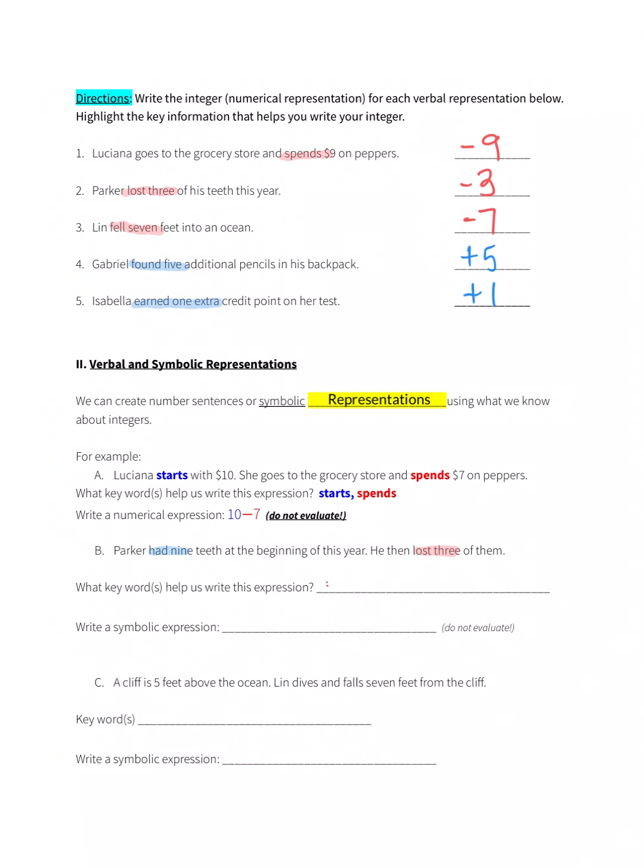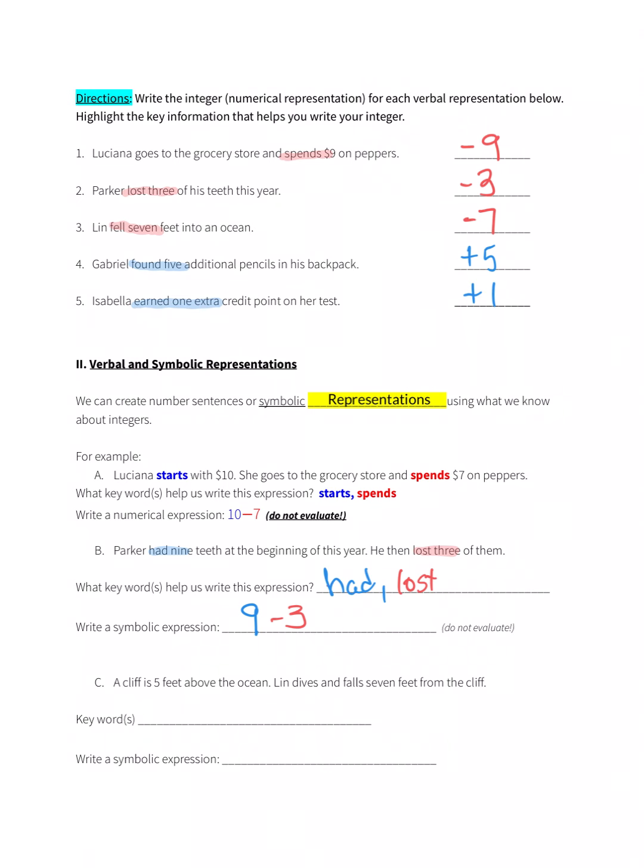So I'm gonna put had here, and also lost. Those are my keywords. And you see how I color coded them? Had is positive, lost is negative, so that's why they're blue and red. So, and then we can go ahead and we can write this now as our number sentences. Had 9, so started with 9, and lost 3. Okay? All right, perfect.